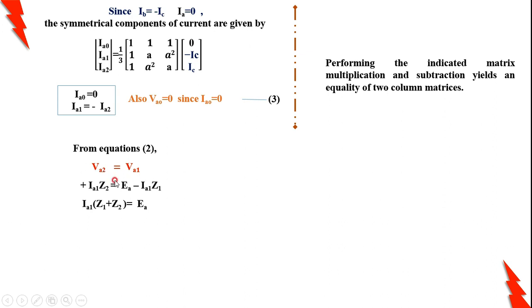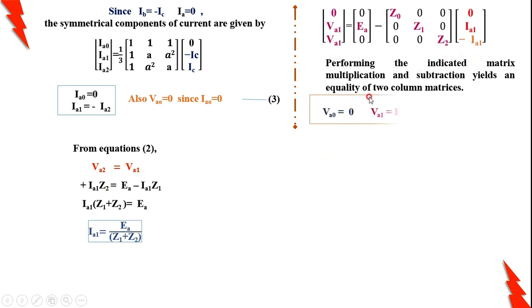Looking at the right hand side, VA0 is equal to 0 because IA0 is equal to 0, and VA1 is equal to EA minus IA1Z1, whereas VA2 is IA2Z2, but IA2 is minus IA1, minus of minus plus, therefore it is plus IA1Z2. Therefore IA1Z2 is equal to EA minus IA1Z1.